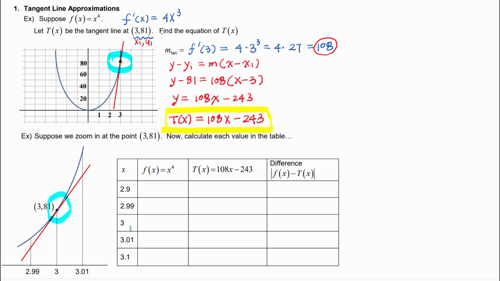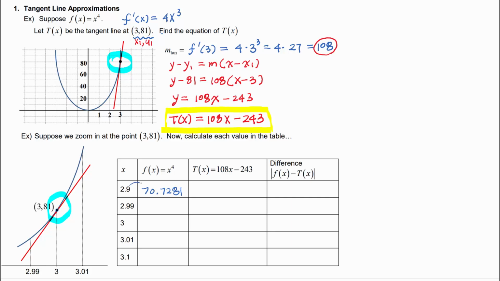And what we want to do is, for each of these x values, calculate the function values, and also what the y values would be if we were to plug these x values into the tangent line, and find out their differences. So first, if I plug all these x values into my original function, the first one is 70.7281.